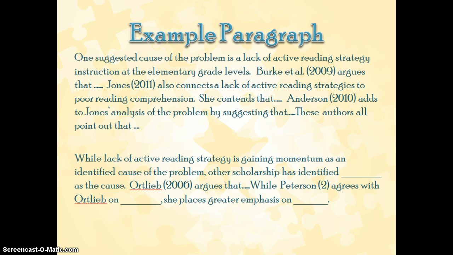So she might be focusing on a different aspect of that cause. So again, you want to make these connections while summarizing the information that's in the particular articles. So this again is just an example, and it might be a little more formal than you need for your discussion board, but this is kind of where you want to go with it for your paper.